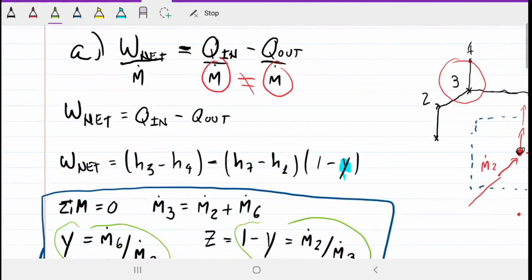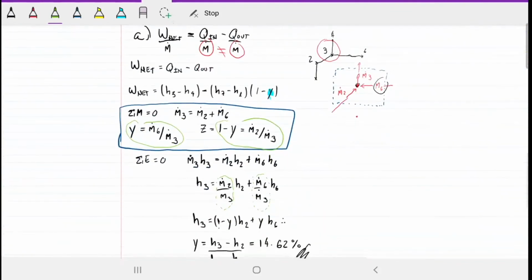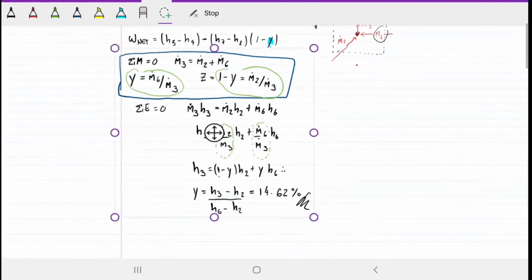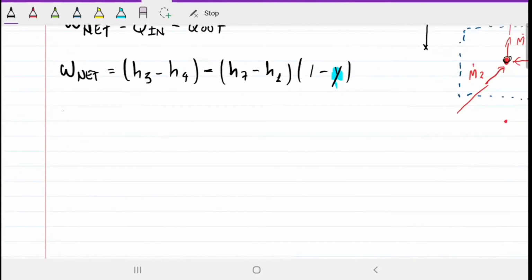There you go, there it is. Probably should have done this further down. Okay, so we can finish this off. My net work will be, what I have here, Q in, which is 2692.2, and this other term here, minus 1675.7.